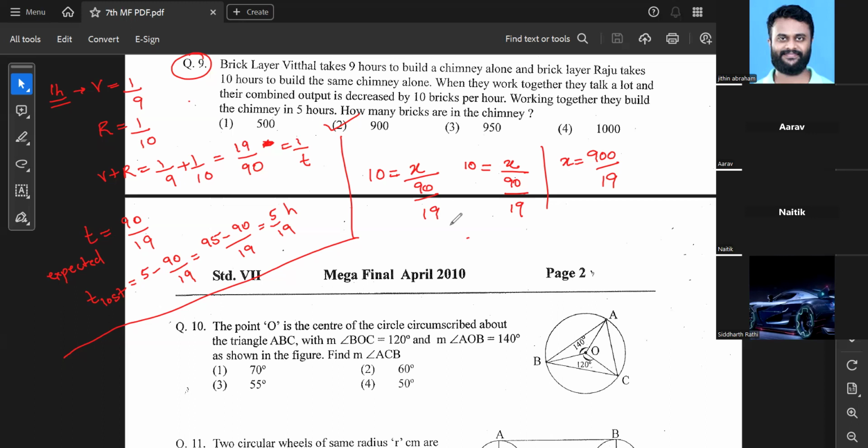So he multiplied the denominator to make it 90. So we multiply 5 by 18, so it's 90, and we multiply 1 by 18. So like that. Okay. So basically 5 hours he considered as 90 upon 18, that is 18 upon 90. Yes, okay. Understood.